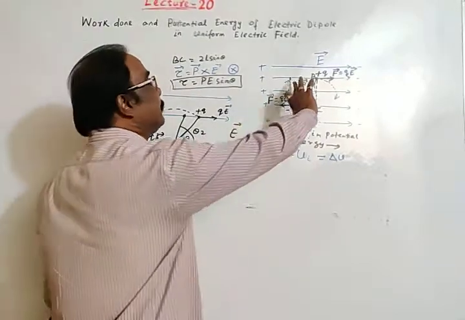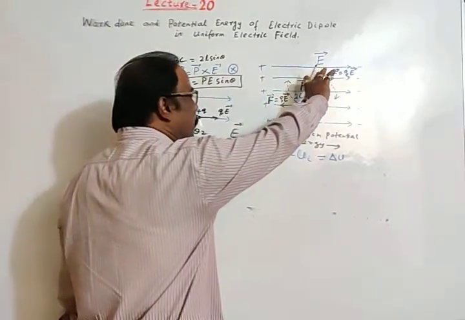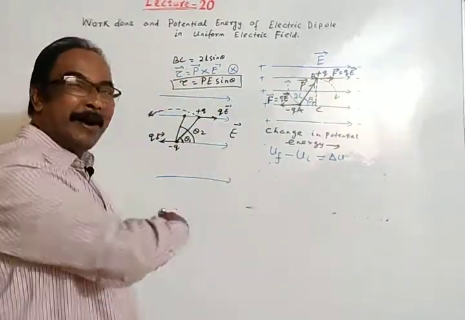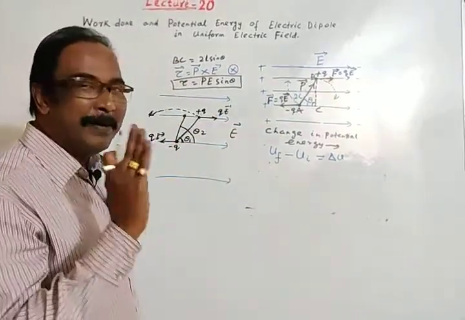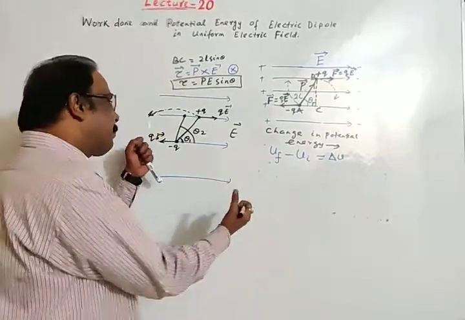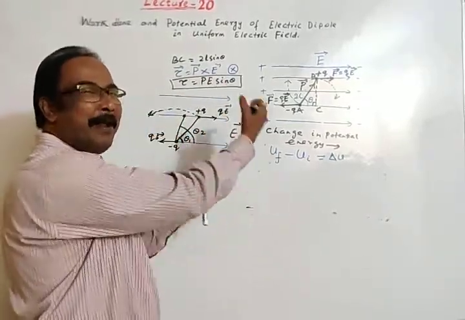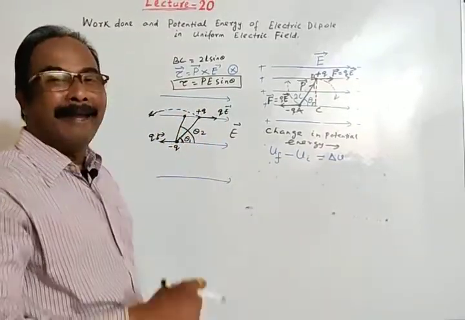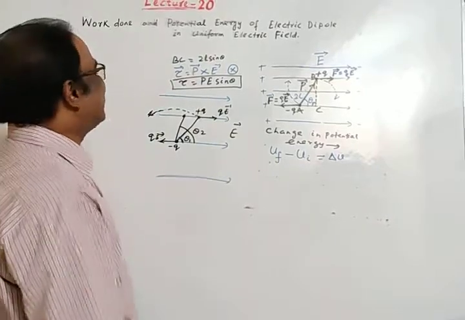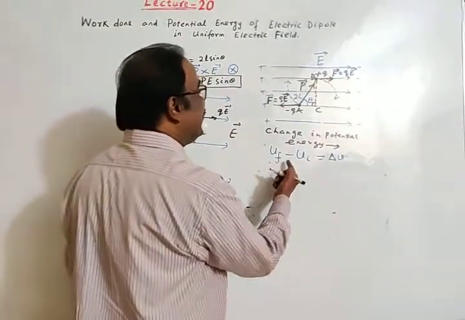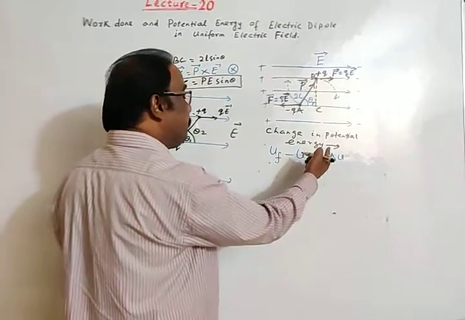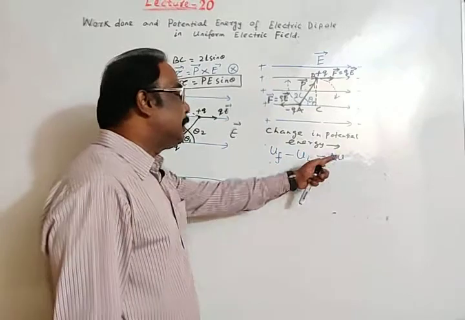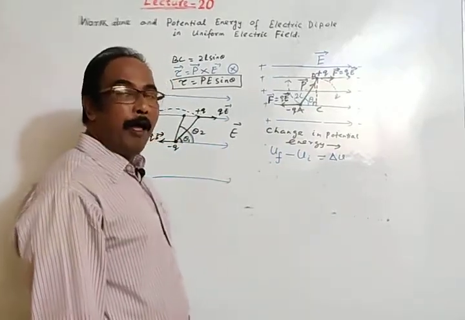Due to the electric field, the dipole will automatically rotate in clockwise order. But if the sense of rotation is opposite, then we have to apply an external torque, meaning external forces, to rotate it in anti-clockwise order. So change in potential energy is final potential energy minus initial potential energy. This is written as delta U.